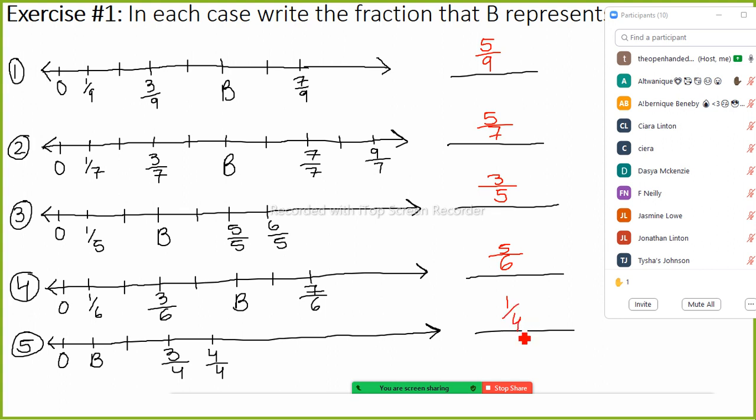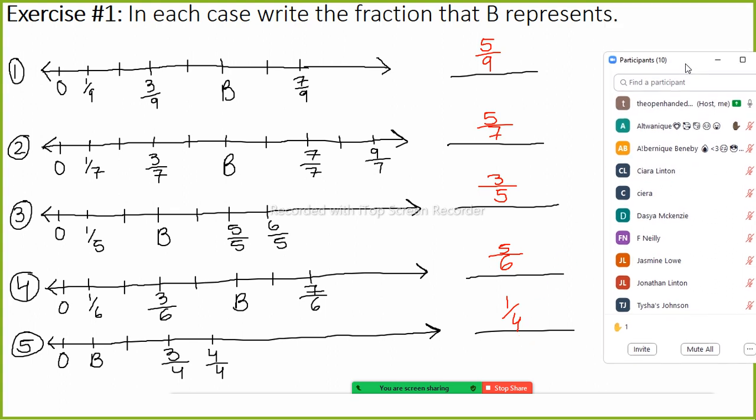All right, so when you're writing fractions on the number line, and you don't have all of the numbers there, you have to use context clues to figure out where exactly the number that you're looking for lies.